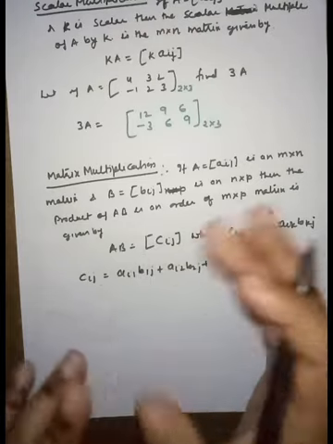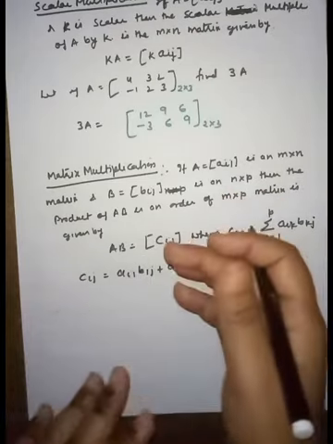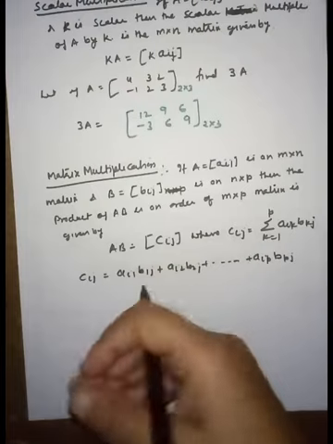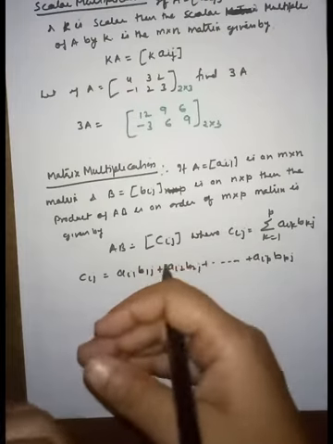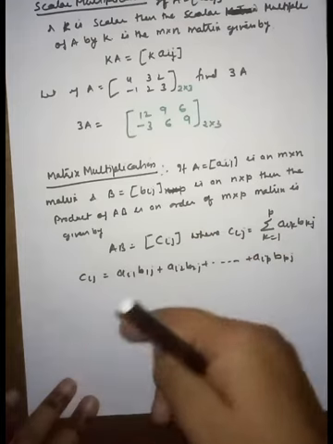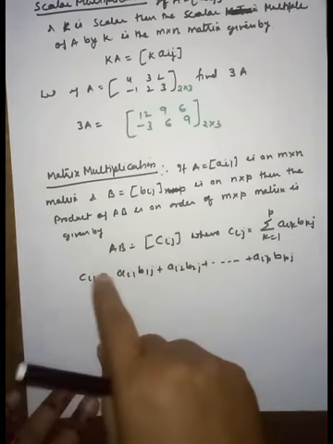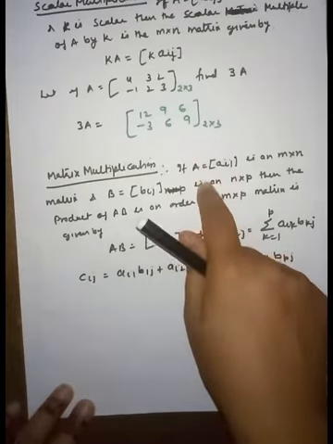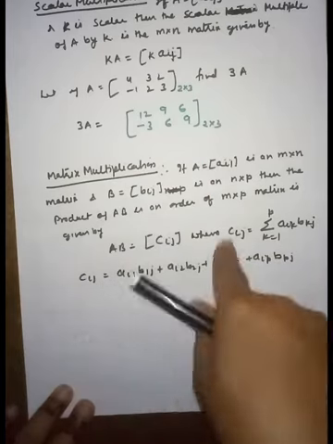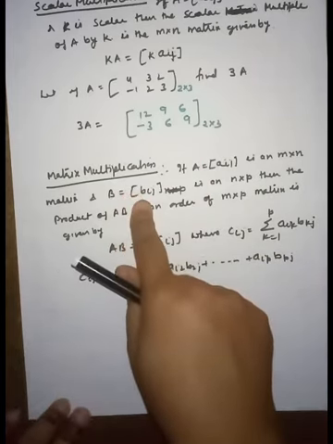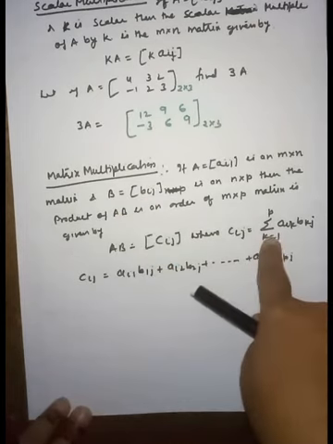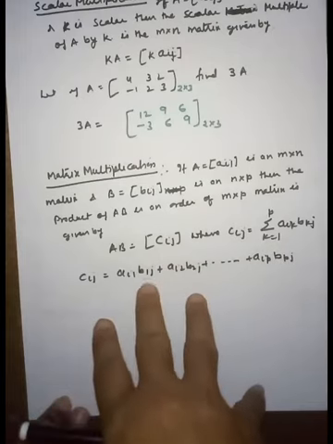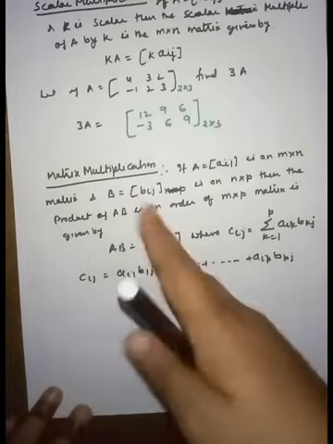Basically, matrix multiplication is a row by column multiplication, where the entry in the ith row and jth column of the product AB is obtained by multiplying the entries in the ith row of the first matrix, suppose A, by the corresponding entries in the jth column of matrix B. Then after that, adding the results, you find the matrix multiplication of the given two matrices.